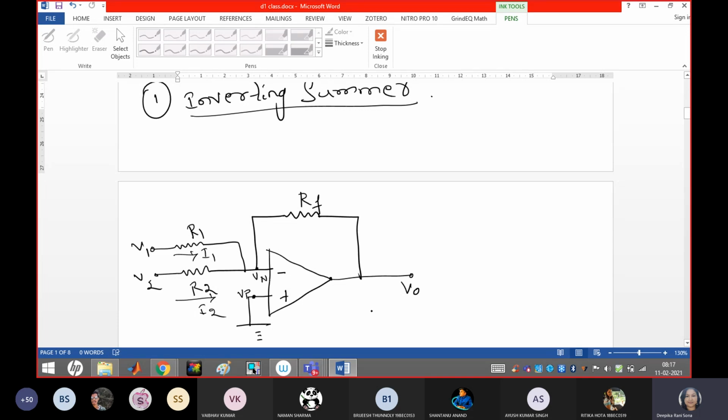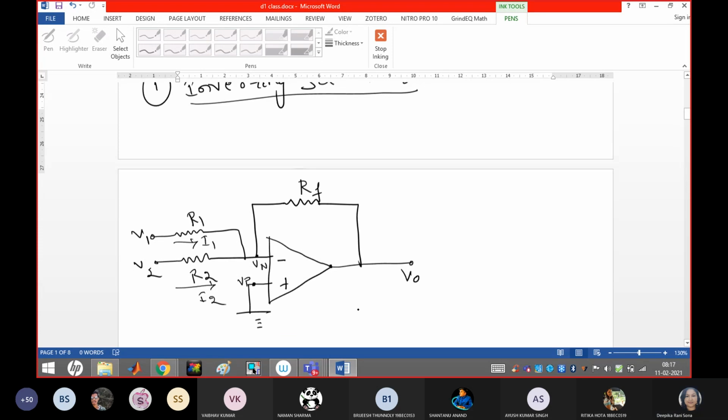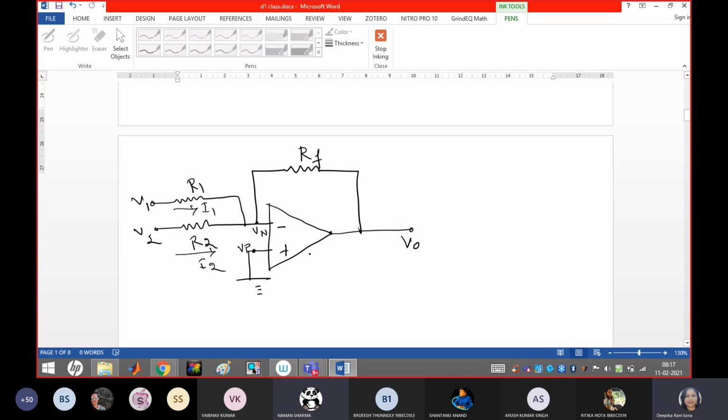How do we analyze the circuit? Guys, Vp equals Vn, I am telling you. So the current from resistance 1 and resistance 2, when we add both of them, will be equal to the current through RF.